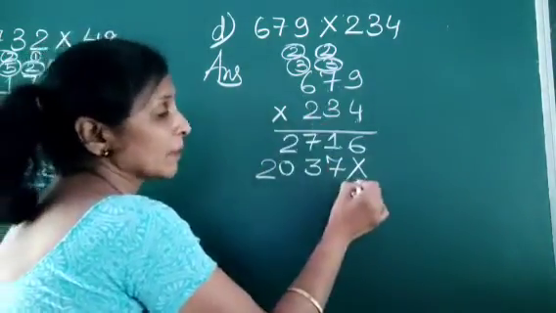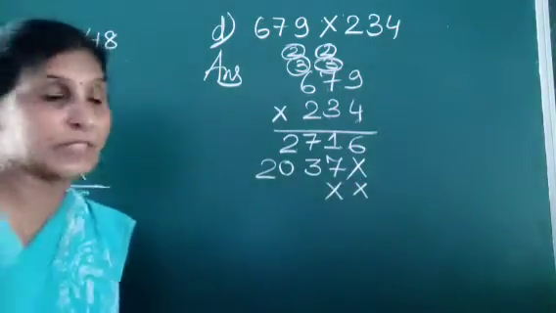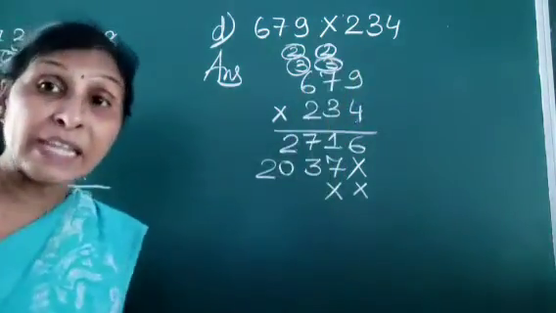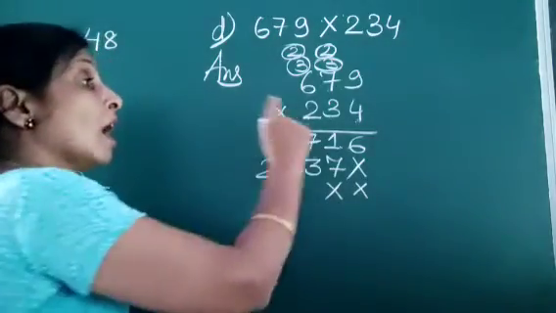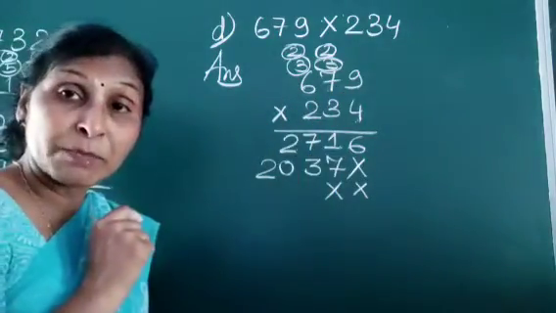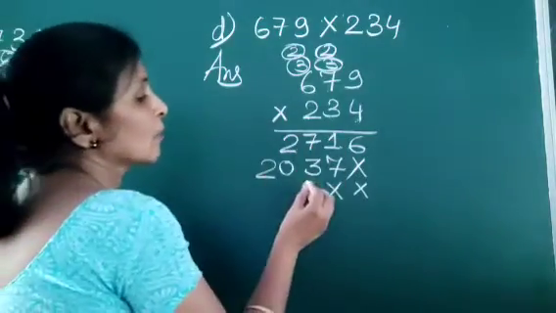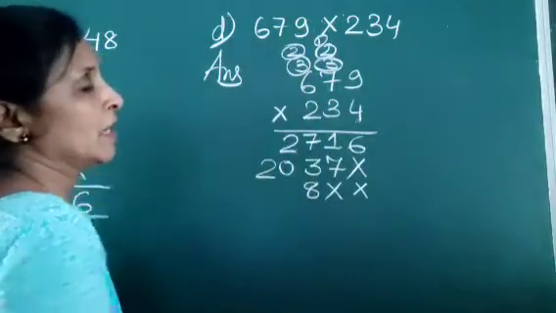Now the third number. So here we put the 2 crosses here first. Now this digit is multiplied by 9. So tell the table of 2. How many times we multiply? 9 times. 2 9s are 18. So we write here 8 and put 1 carry over here.